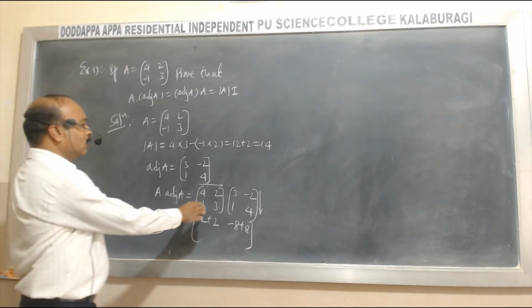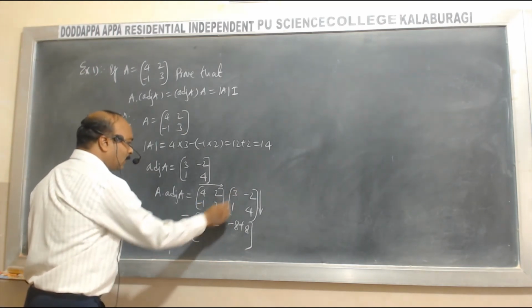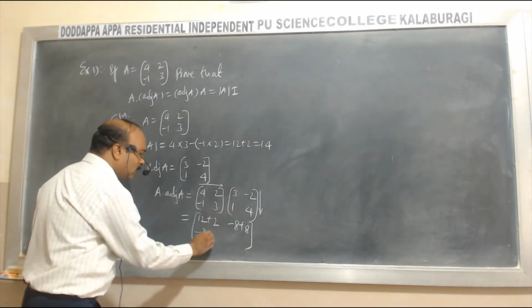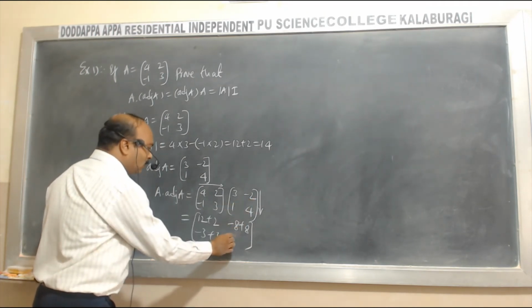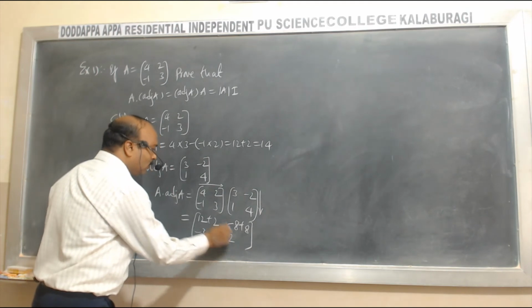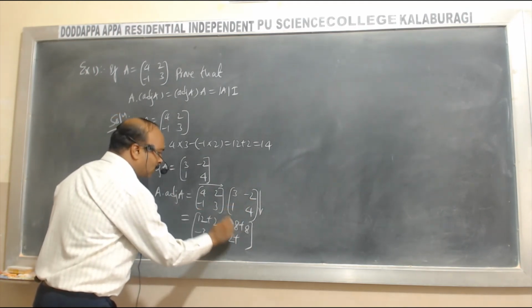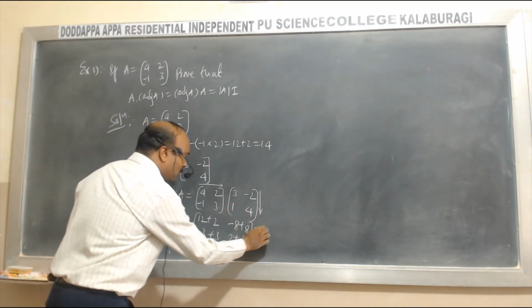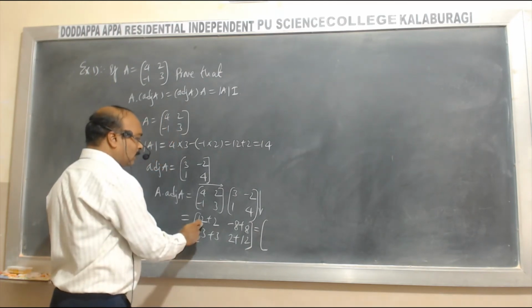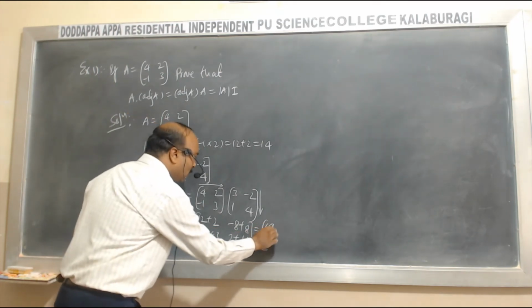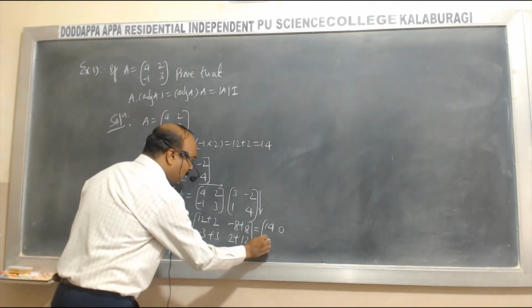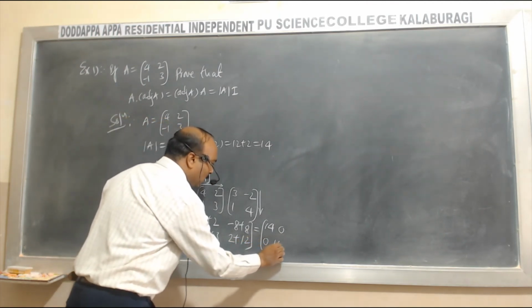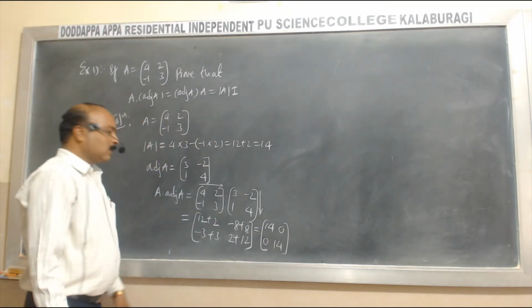Second row with first column: minus 1 into 3 is minus 3, plus 3 into 1 is 3. Second row with second column: minus 1 into minus 2 is plus 2, plus 3 into 4 is 12. So you get the answer: 12 plus 2 is 14, minus 8 plus 8 is 0, minus 3 plus 3 is 0, 2 plus 12 is 14. This we get as equation number 1.